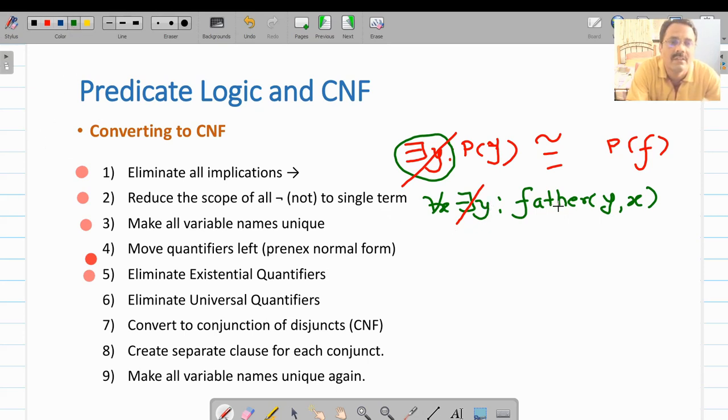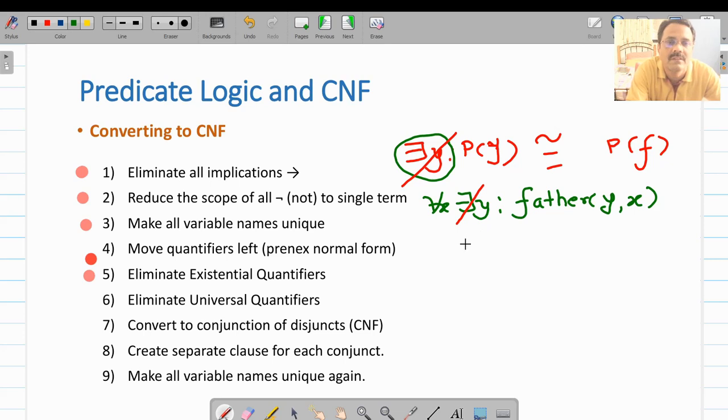I do not know exactly what the value of y is, what the father's name is, because that is dependent on x. So remember the rule: if there is more than one argument, you have to pass those other arguments as arguments to the function so that the function correctly returns the required value.